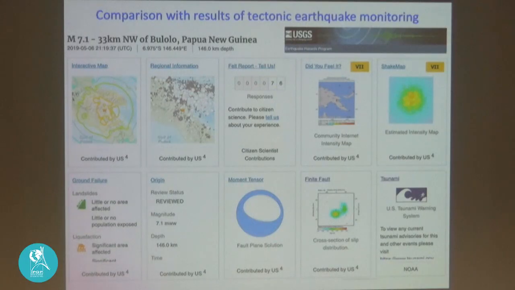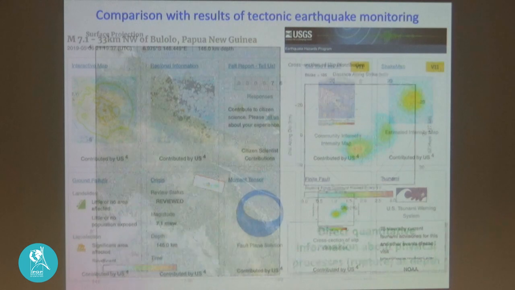I think it is important to compare this with what is reported today for monitoring of tectonic earthquakes. This is an example for a relatively recent earthquake here in Papua New Guinea. This is from the United States Geological Survey, and they provide a lot of quantitative information, in particular depth, moment tensor, magnitude, and this finite fault solution.